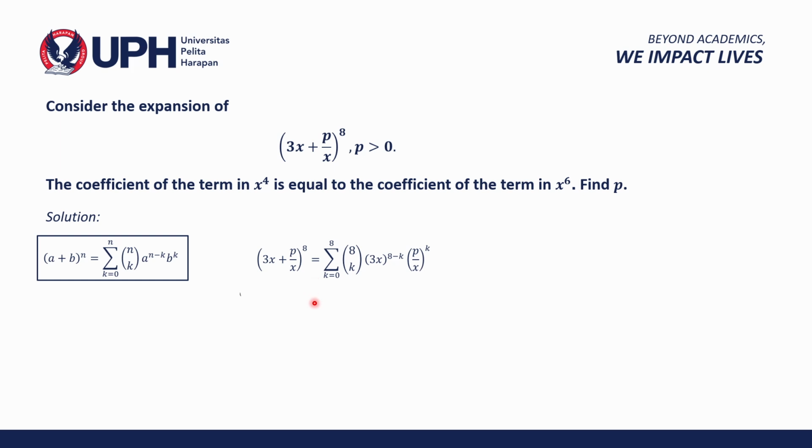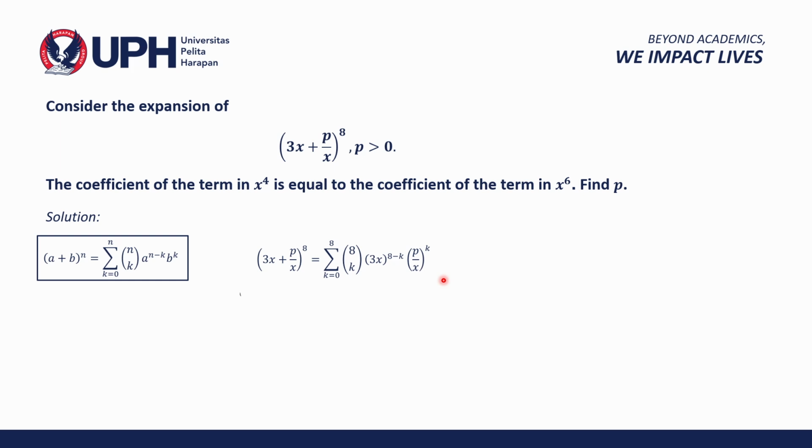Substituting these values into the formula gives the expansion of (3x plus p over x) all to the power of 8. The general term becomes 8 choose k times (3x) to the power of 8 minus k times (p over x) to the power of k.